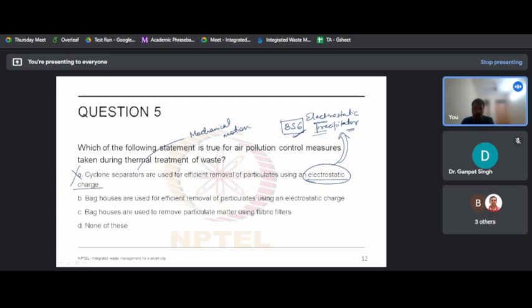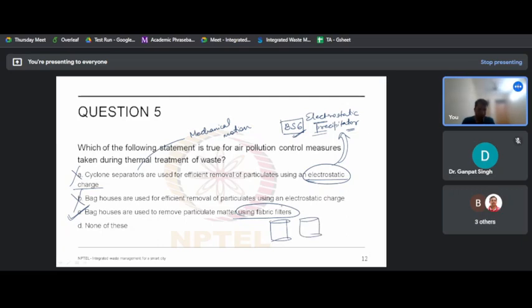The second option is baghouses are used for efficient removal using an electrostatic charge. This is also not correct, as we discussed in one of the previous questions. A baghouse is simply for filtering the particulate matter using cloth. So baghouses are used to remove particulate matter using fabric filters. Yes, this is correct. It will simply be a bag, not just one bag, but multiple sets of bags.